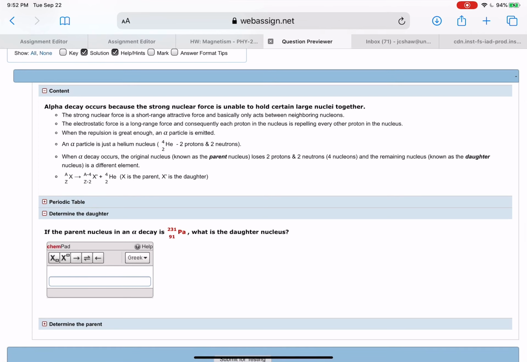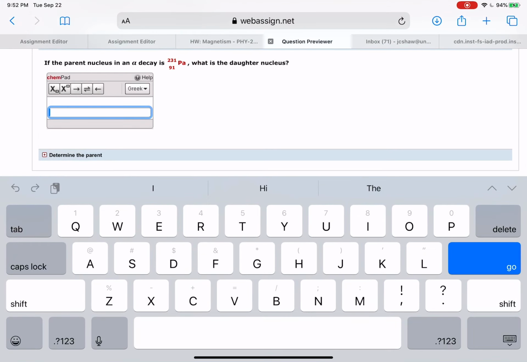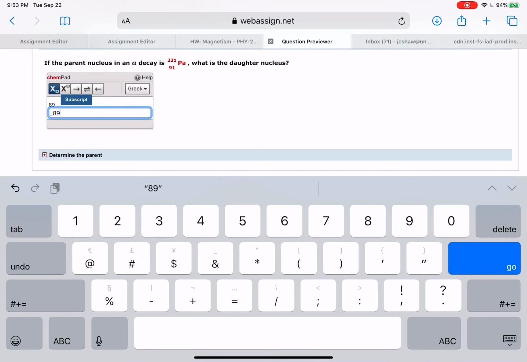So here we go. You can see right here, the first two options have got a subscript and a superscript option. It shouldn't matter which order you do them in. I'm going to hit the subscript first, and I'm going to type in 89. And then I'm going to hit the superscript, and I'm going to type in 227.